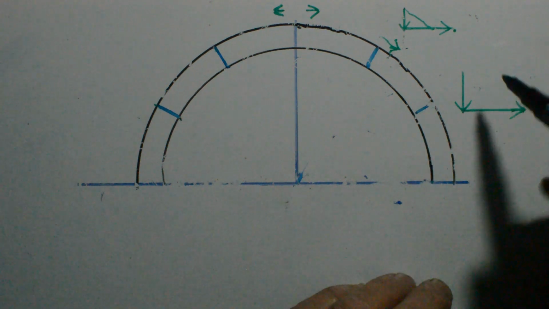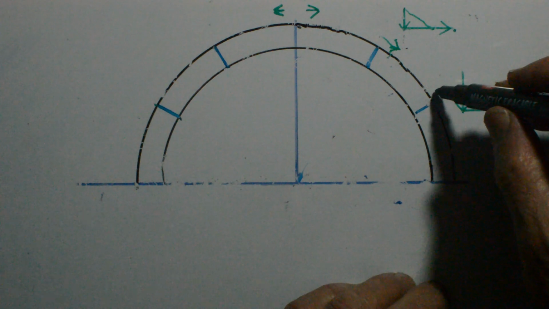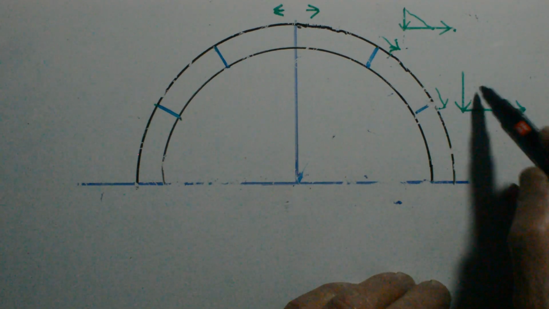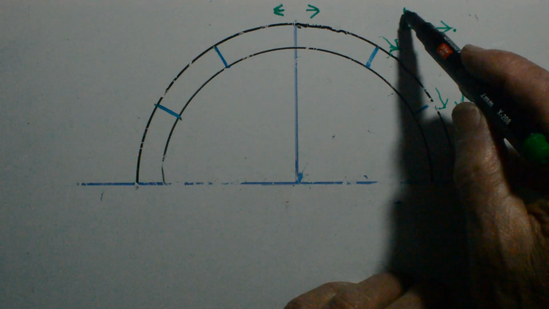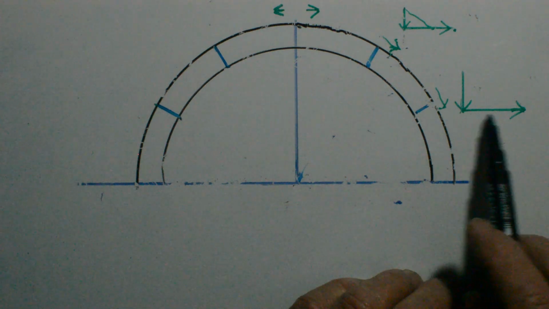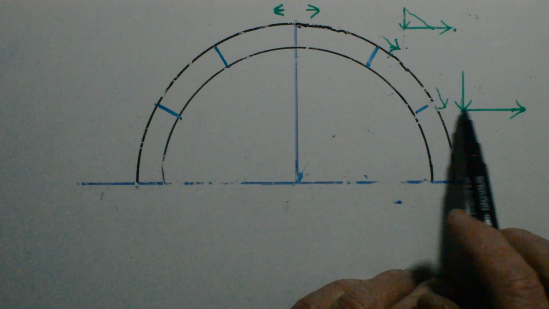And then again here, we would have the force actually going this way, but it's going to be a vertical force, which is this one plus this one, and a horizontal force, which is this one plus whatever bit we have here.